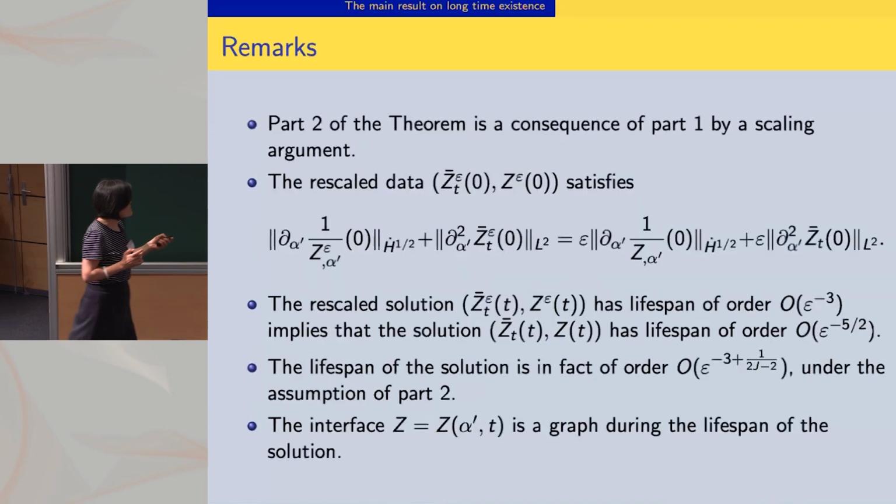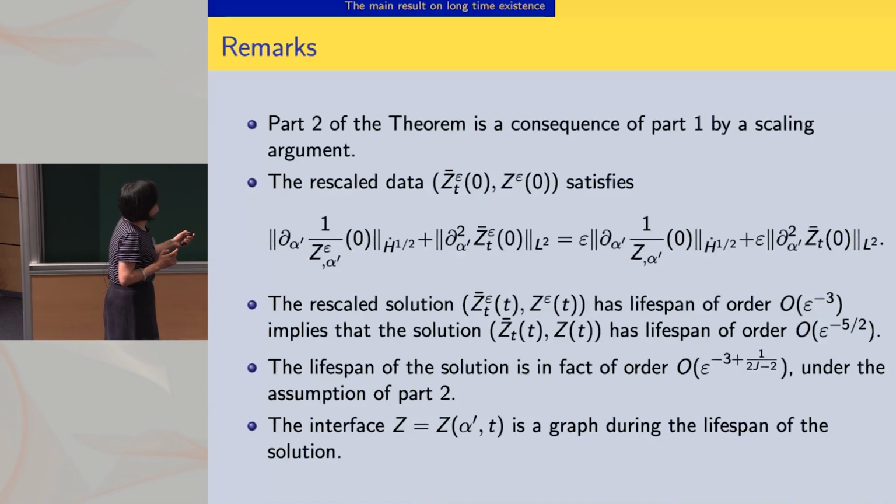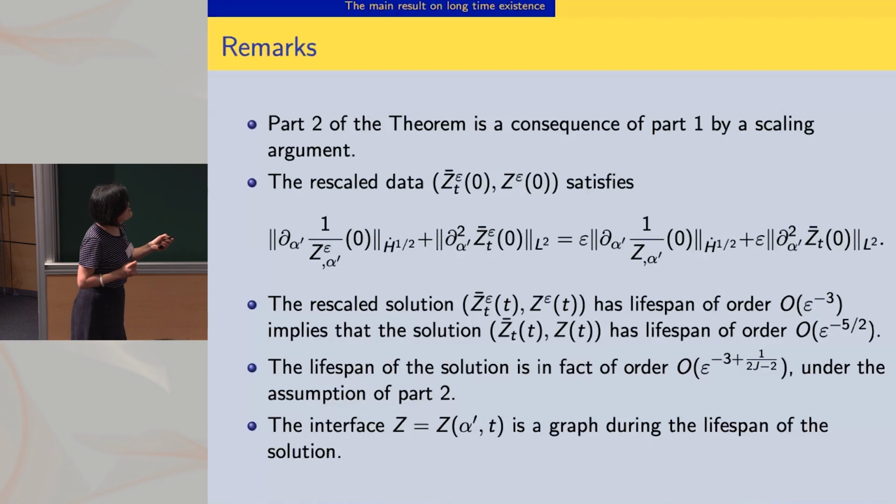Now part 2 is really just if you rescale the data, you find the rescaled quantity will have epsilon in front of it. So if you take epsilon small enough, even though initially it's not small, after some rescaling you get something small.